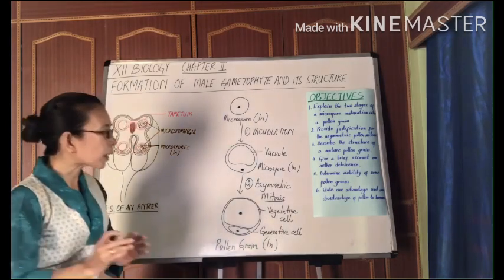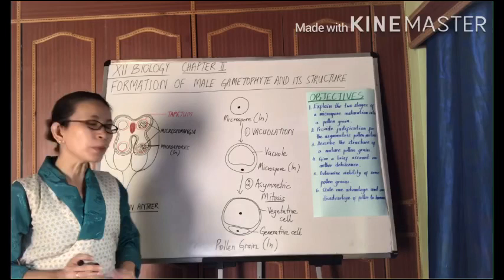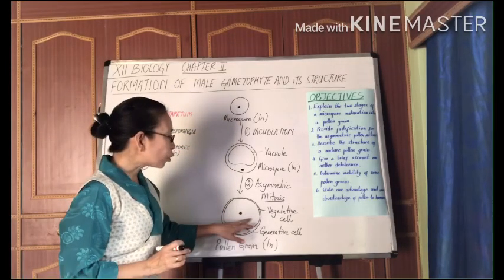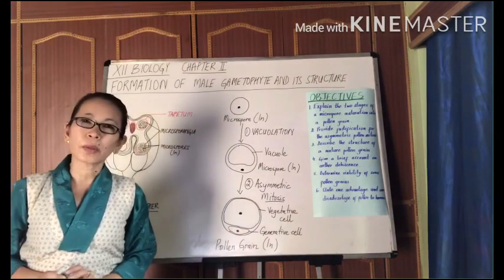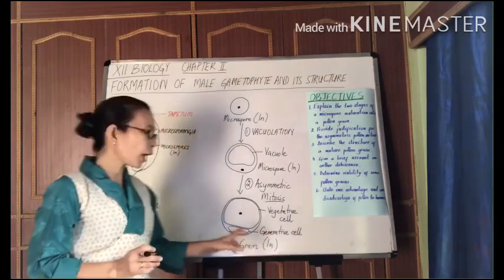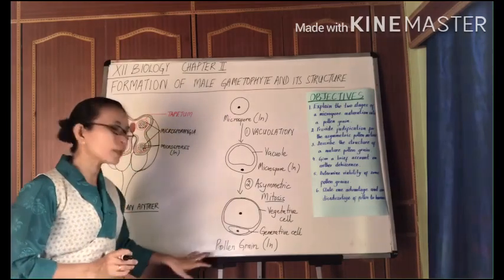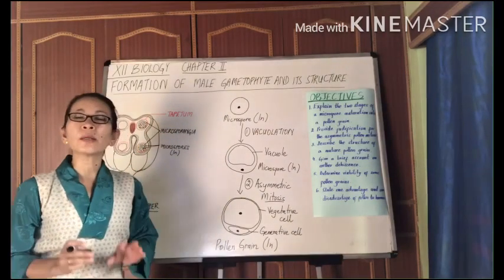In this asymmetric pollen mitosis, because of the unequal division of the cytoplasm, the cell has become two unequal daughter cells. The larger cell is known as vegetative cell or tube cell, and the smaller cell is known as generative cell. And these two cells are collectively known as a pollen grain.